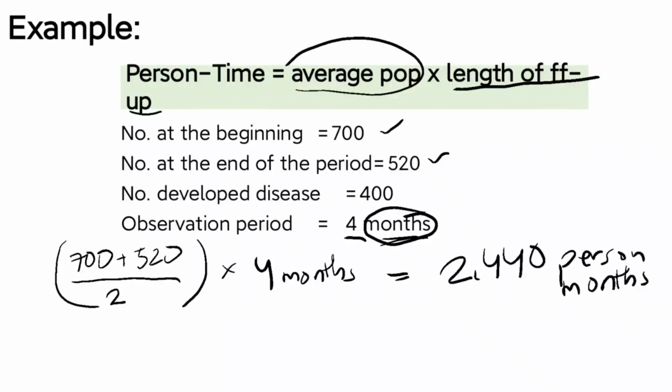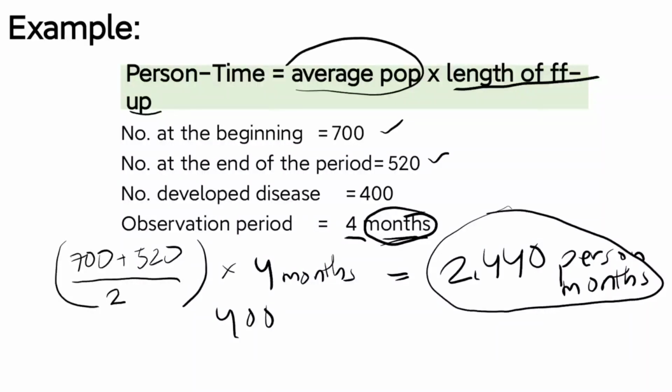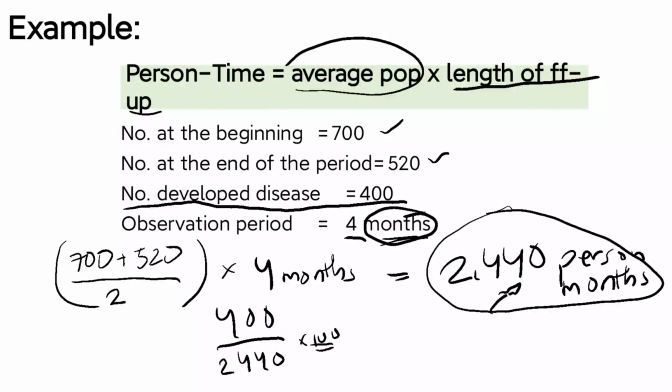Okay? So, in that case, meron ka ng ilalagay sa denominator mo kasi meron ka ng person time. Right? So, ito na yung magiging person time mo. Okay? So, ngayon, pwede mo nang i-compute yung inyong incidence rate. So, 400, which is yung incidence cases, number of developed diseases, new cases, over yung person time mo, which is 2,440, again, multiplied by 100 na to, since walang factor na binigay.